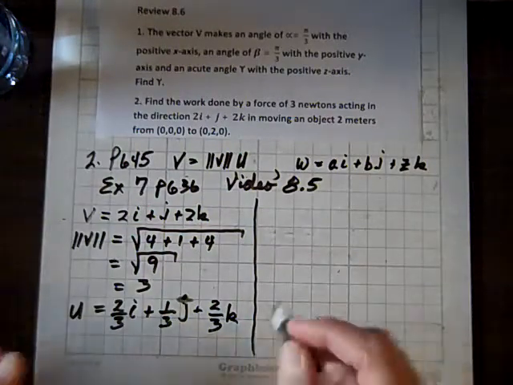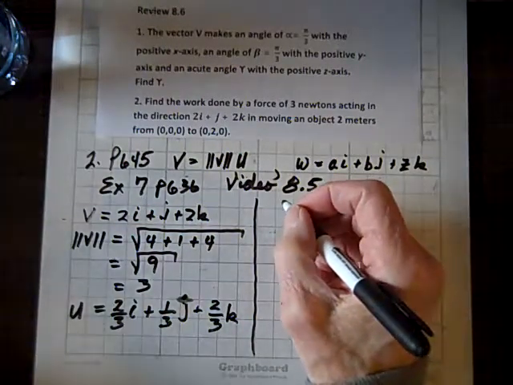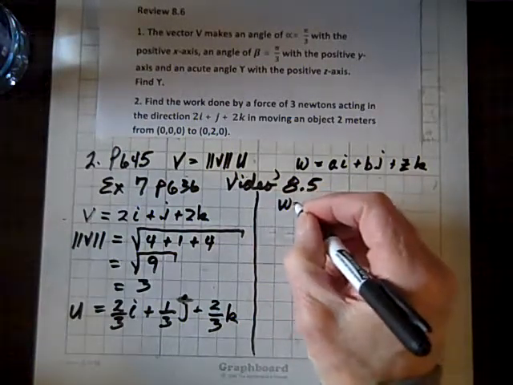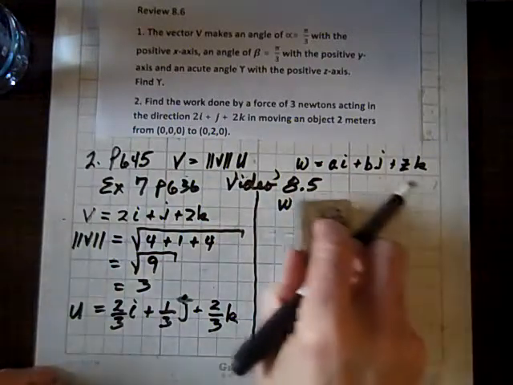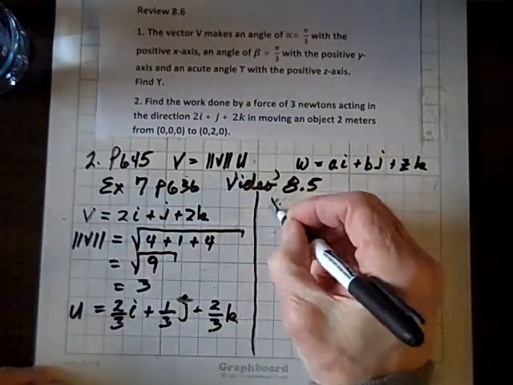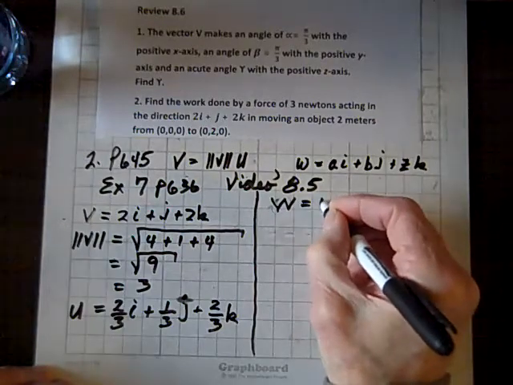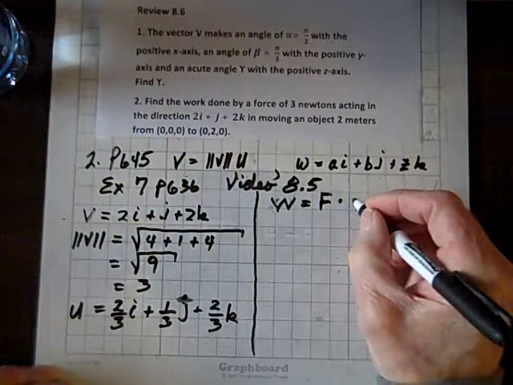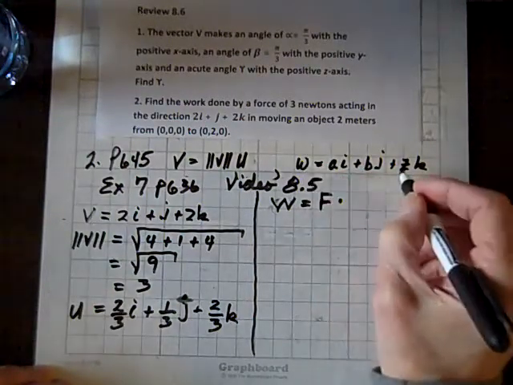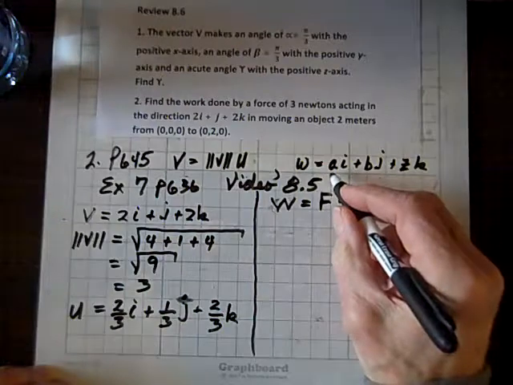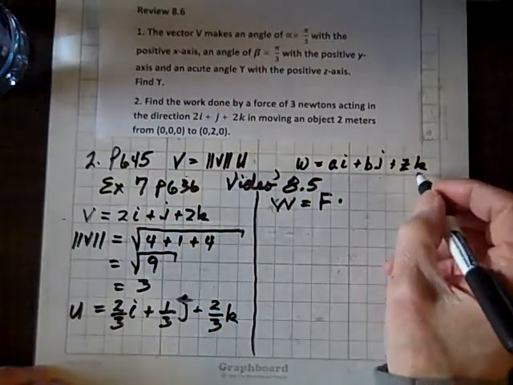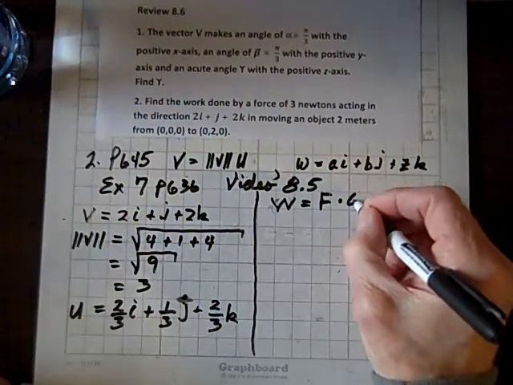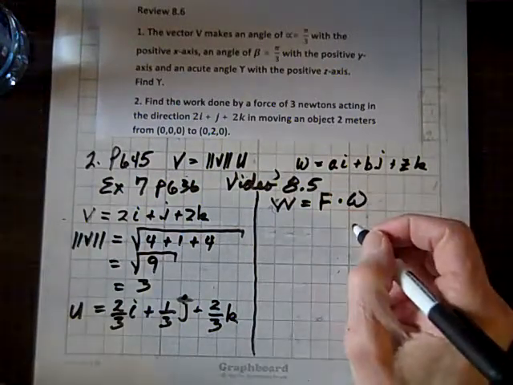Okay, with that done, now the structure of our equation is going to be work equals, in fact, let me make this a very strong W. Work equals force dotted with distance, or since I've got this position vector structured in an ai plus bj plus ck form, I'm going to call it omega, force dotted with omega.